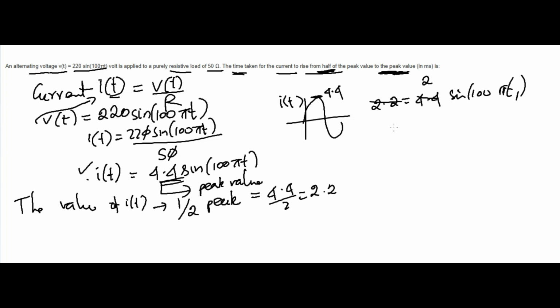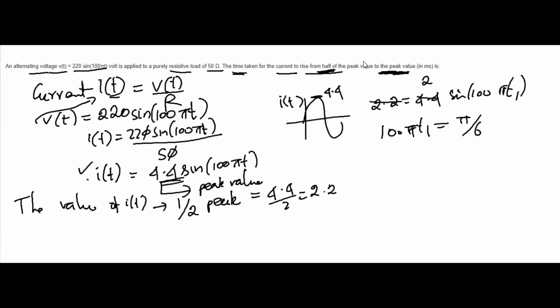So if you do so, you'll get 100πt1 equal to π by 6. If I want to take the sine to both sides, only the arguments I'm going to take. So 100πt1 is equal to π divided by 6.